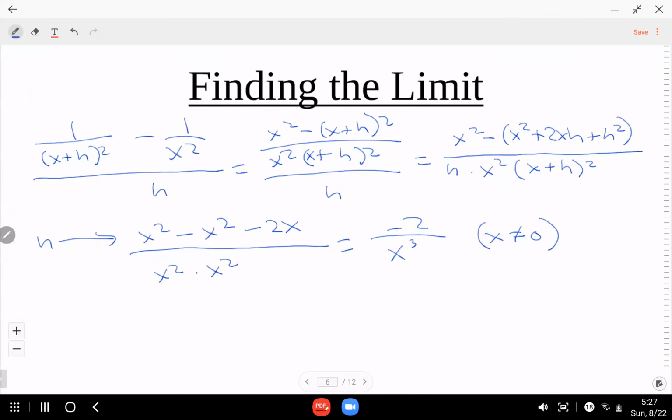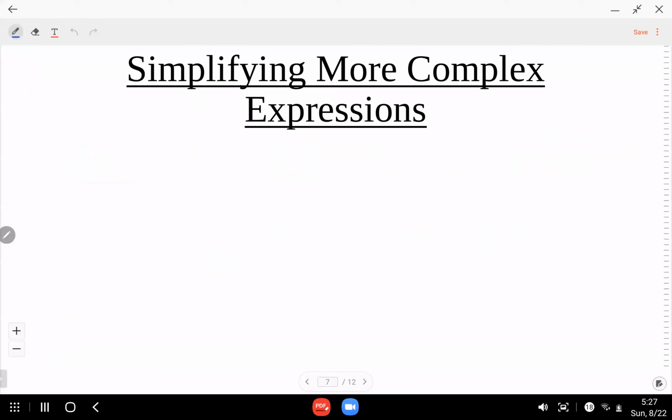All right. Done. So, simplifying more complex expressions. How about I give you an example.